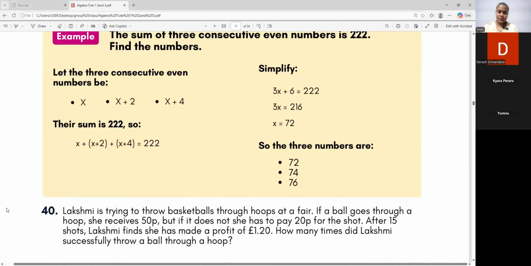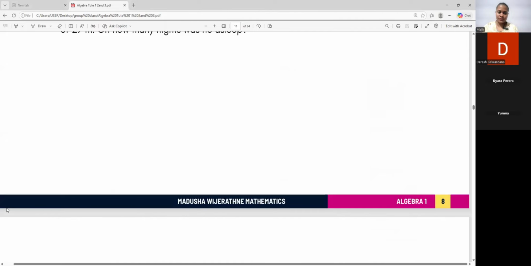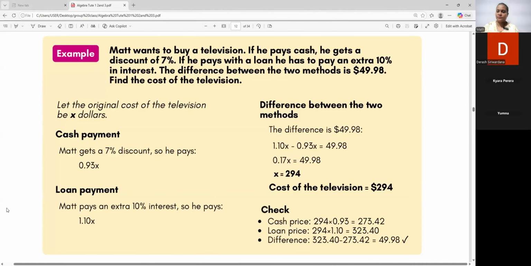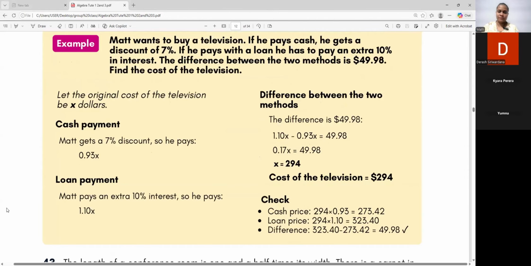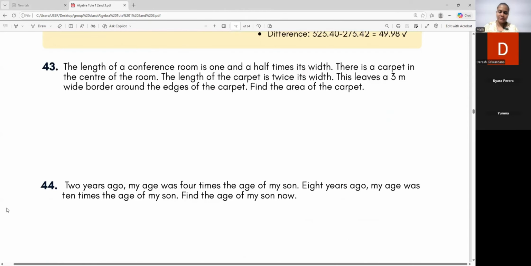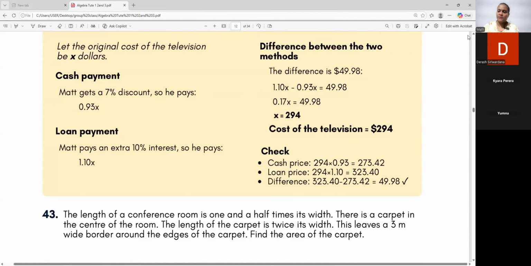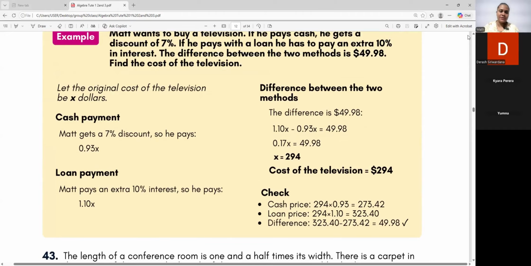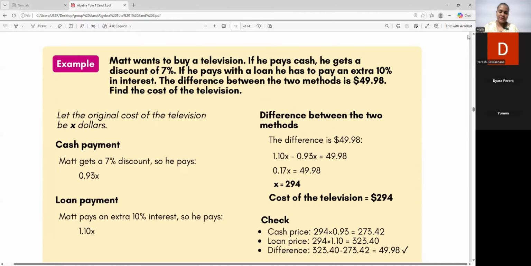Then there are 3 more sentence type questions. Give it a try. 40, 41, 42 as homework. So we haven't done percentages, right? In number lesson? Not yet, teacher. Yeah. So the next part to find, to make these equations from 43 onwards, we need the knowledge in percentages.